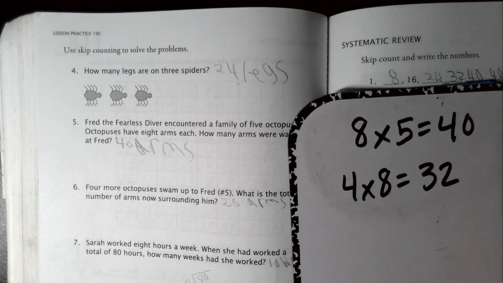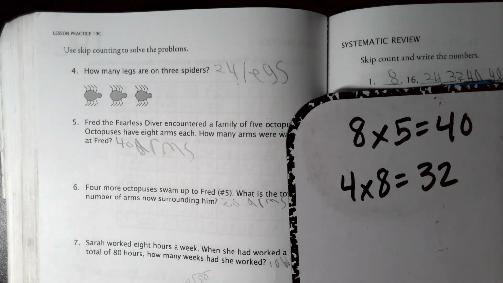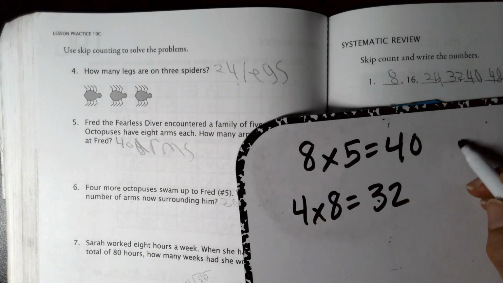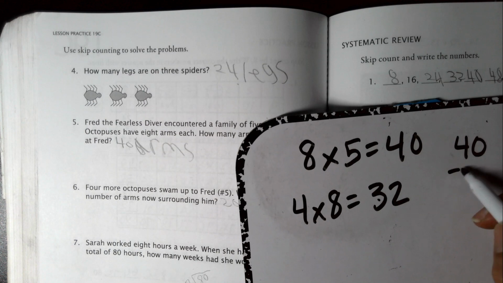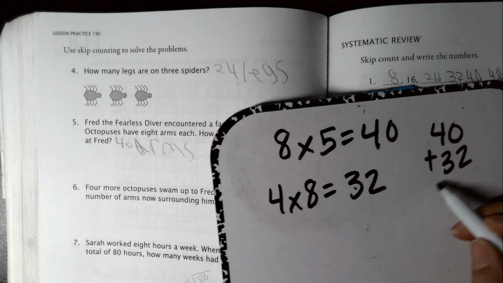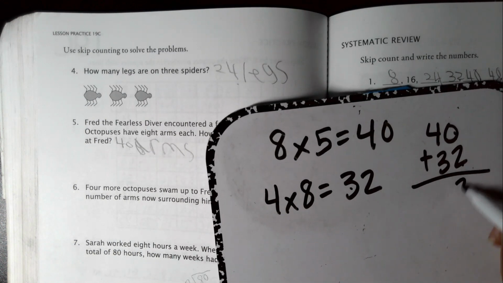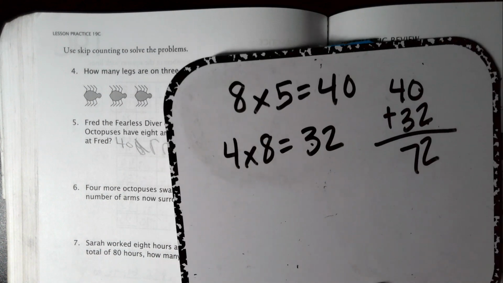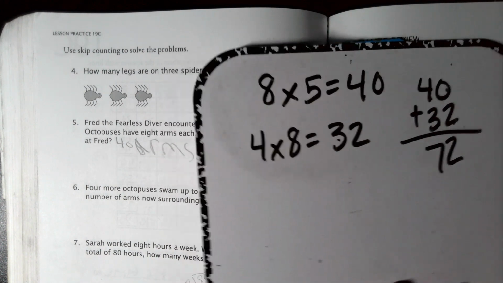So then now we would have to add these. 32 plus 40, and you could stack them right underneath each other. And you can just do 0 plus 2 is 2, 4 plus 3 is 7. So 72 arms are now waving at Fred.